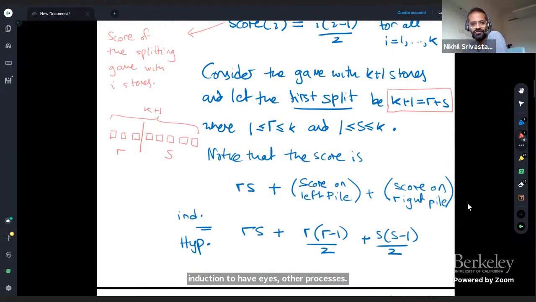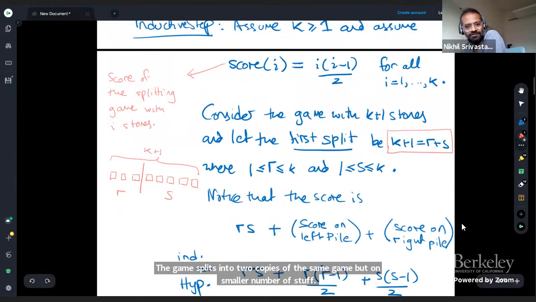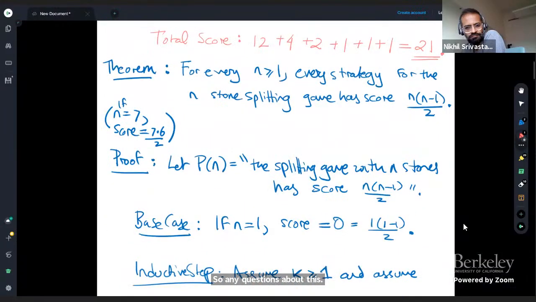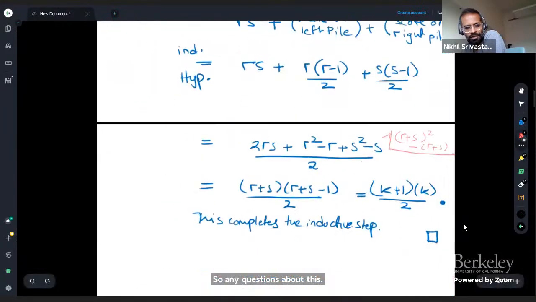And the inductive step usually involves the key property of this game that allowed us to do induction, which is that after one step, the game splits into 2 copies of the same game, but on a smaller number of stones. So any questions about this proof? Okay.